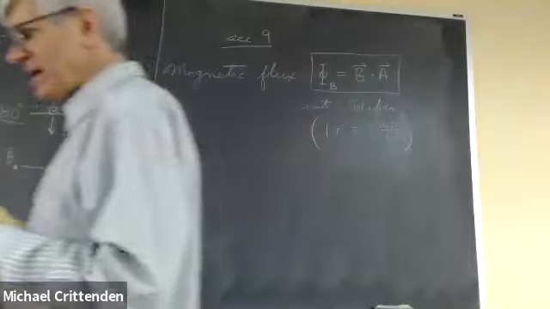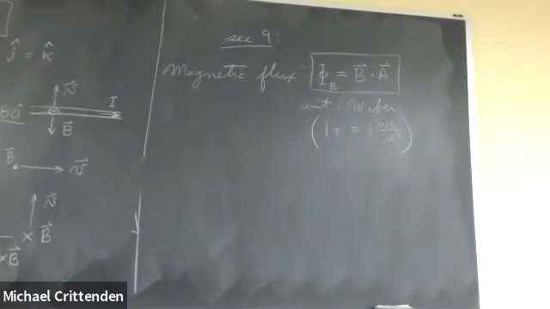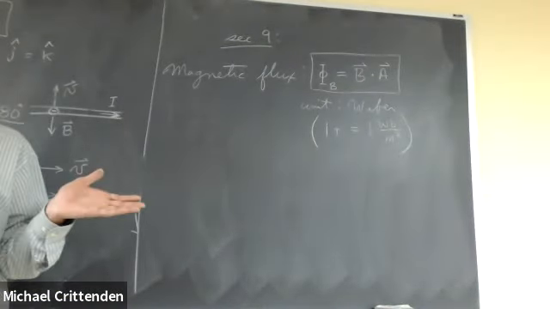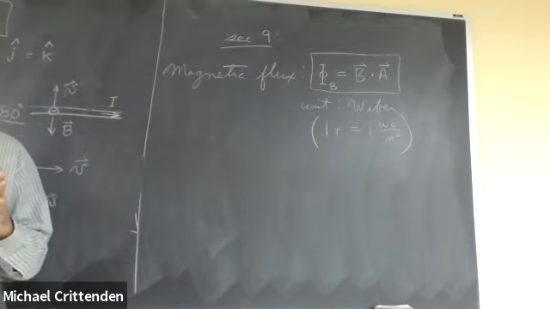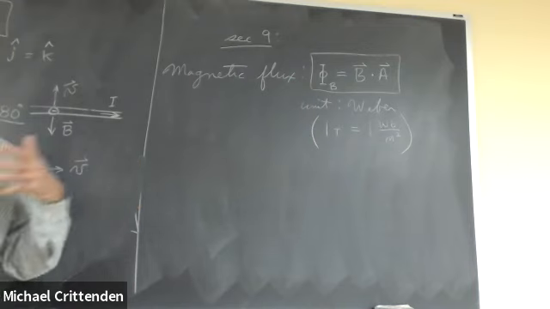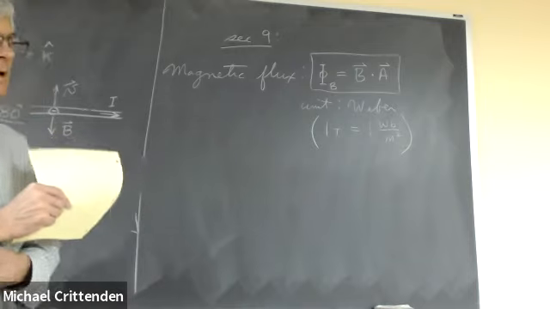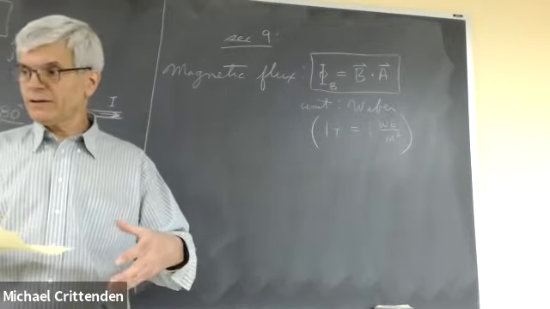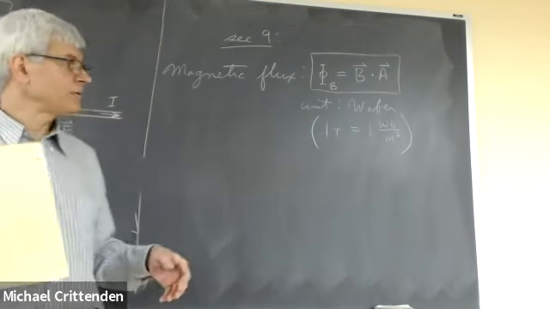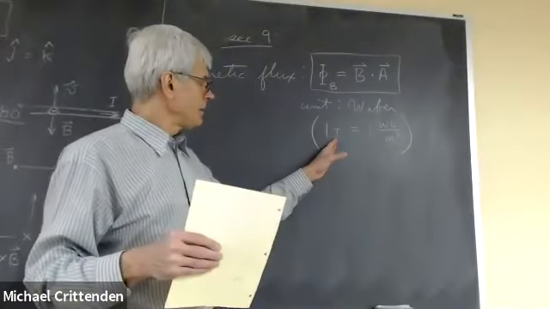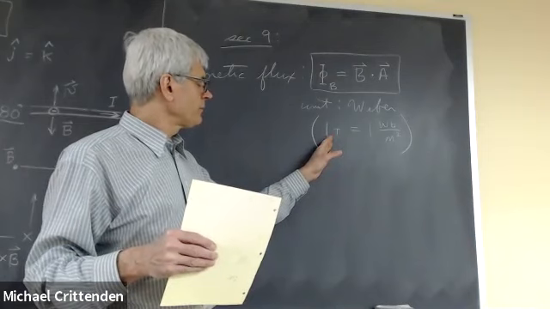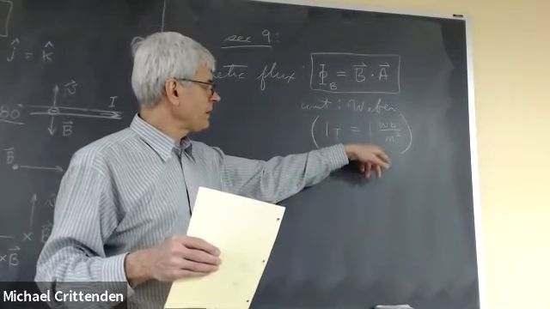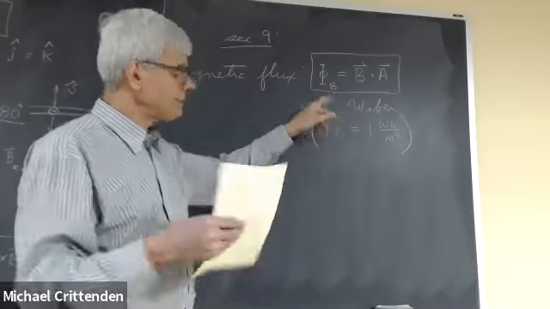I think I've mentioned that before, maybe back when we were doing electric flux, but in a picture, the field is strong where the field lines are close together, and the field is weak where the field lines are farther apart. And how many field lines pass through a given area is how you represent the flux in the picture. So the field strength, the B vector, is the flux density, the flux per unit area.